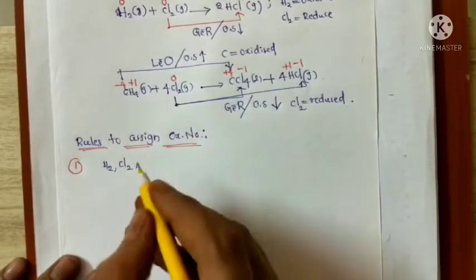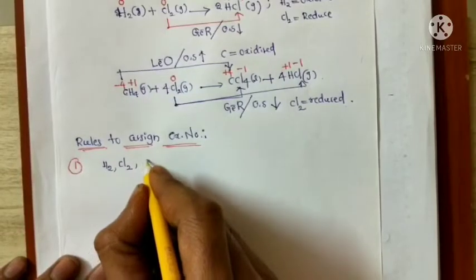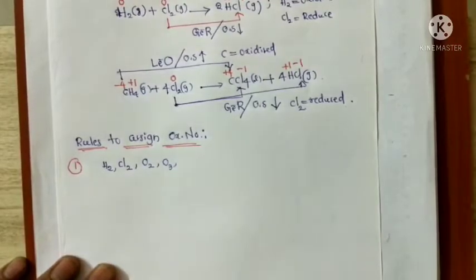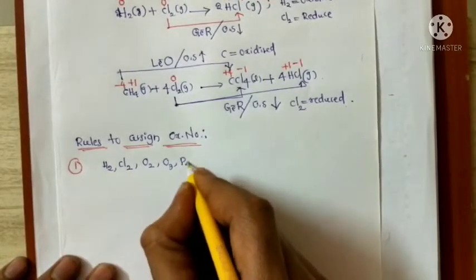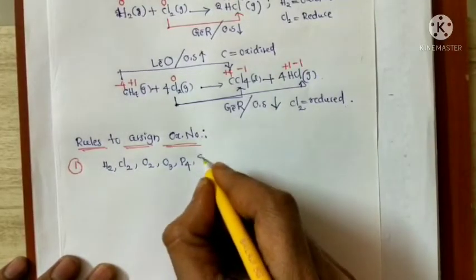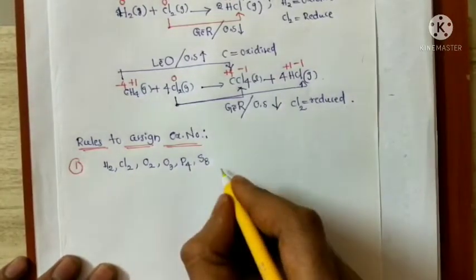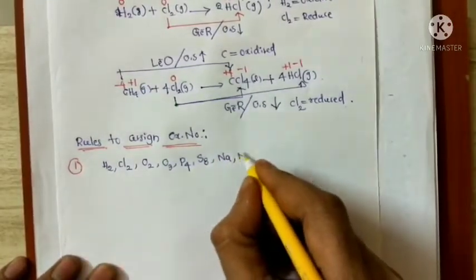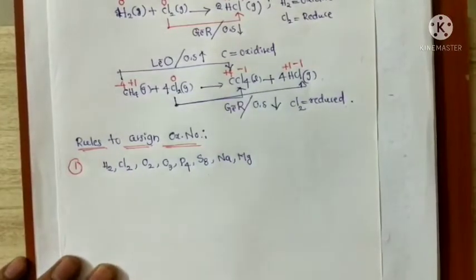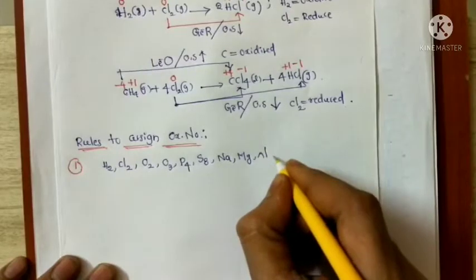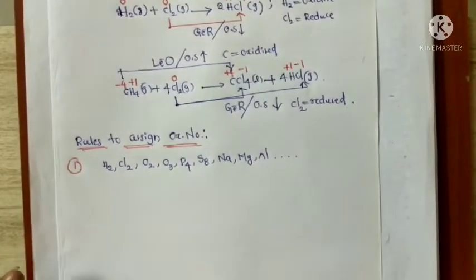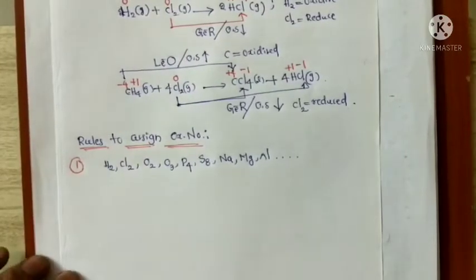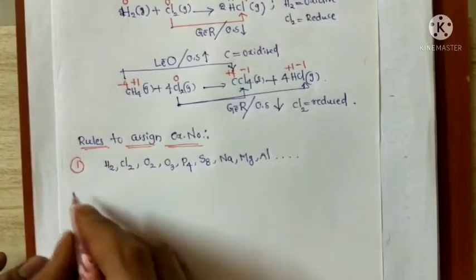Oxygen molecule, ozone molecule, P4 molecule, and S8 all have oxidation state 0. Some metals, sodium, magnesium, and aluminum in the free state also have oxidation state 0. This is the first rule.